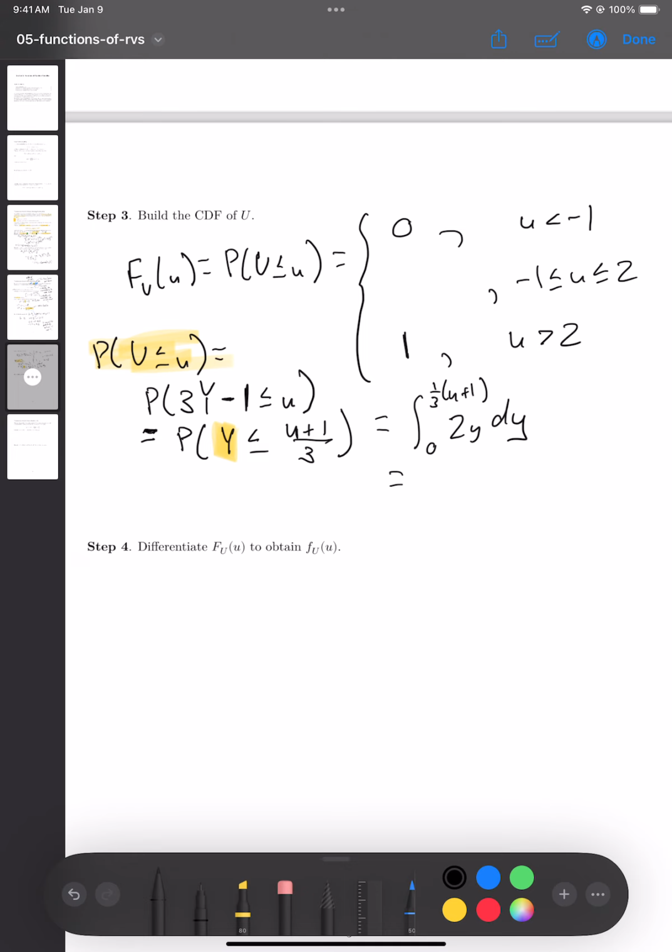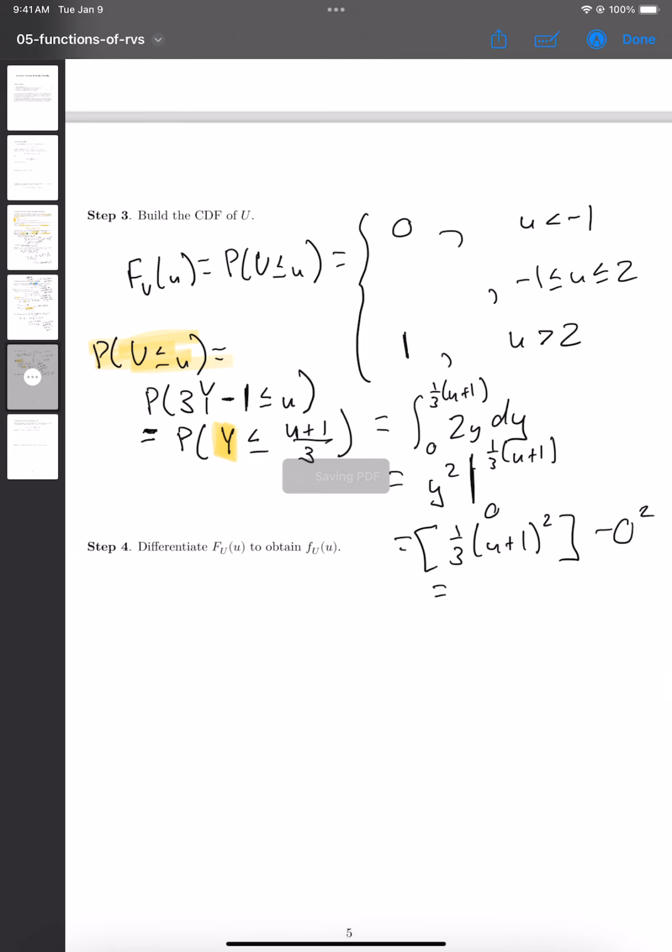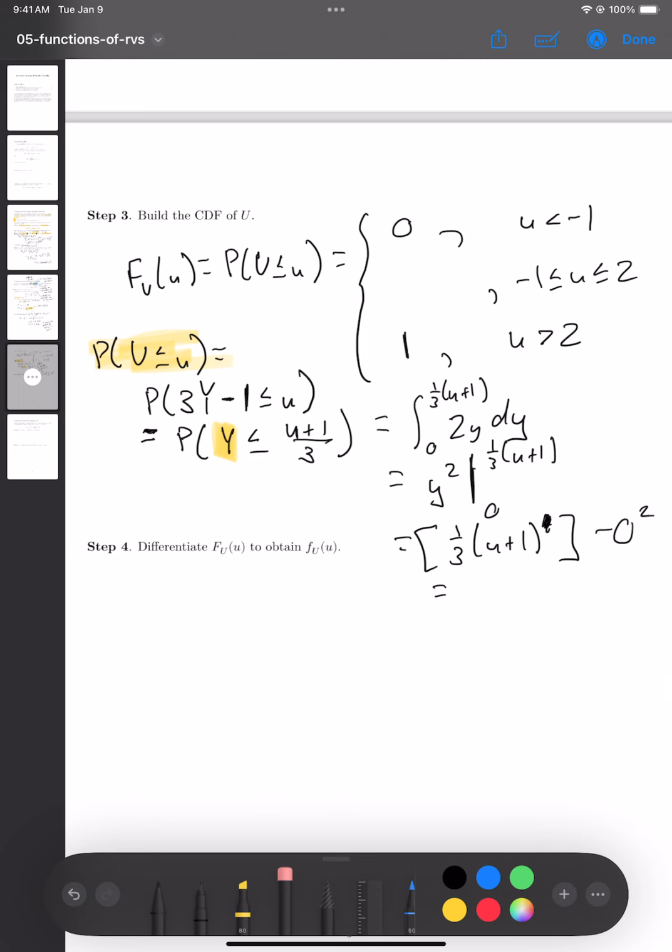Integrating 2y, we get 2 times y squared over 2, which is just y squared. Evaluated at our bounds of 0 and (u plus 1)/3, that gives the quantity ((u plus 1)/3) squared minus 0 squared. I miswrote my squared symbol before, so that should go outside of the brackets. That is equal to 1/9 (u plus 1) squared. So that's the missing piece.